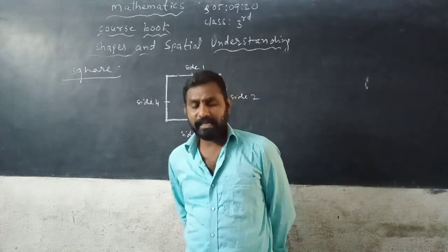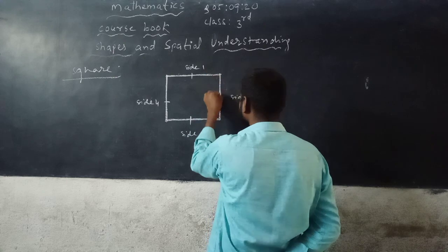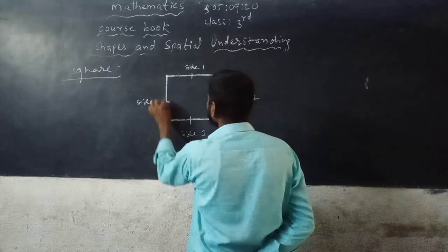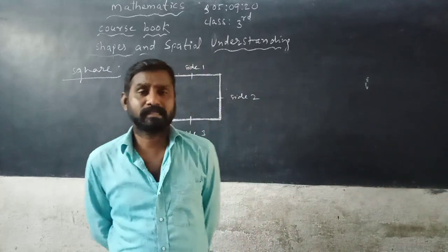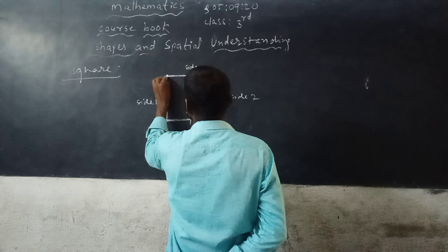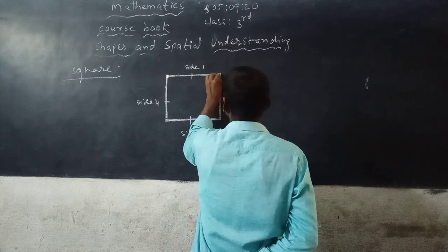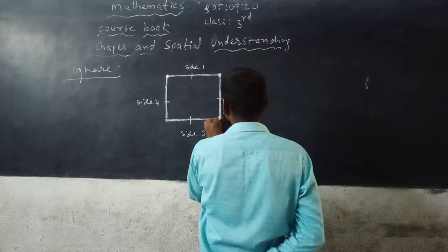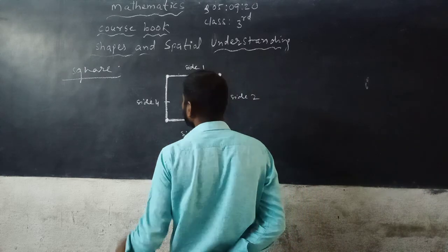A square is a plane figure with 4 sides, side 1, 2, 3, 4, and 4 corners, 4 vertices: 1, 2, 3, 4.